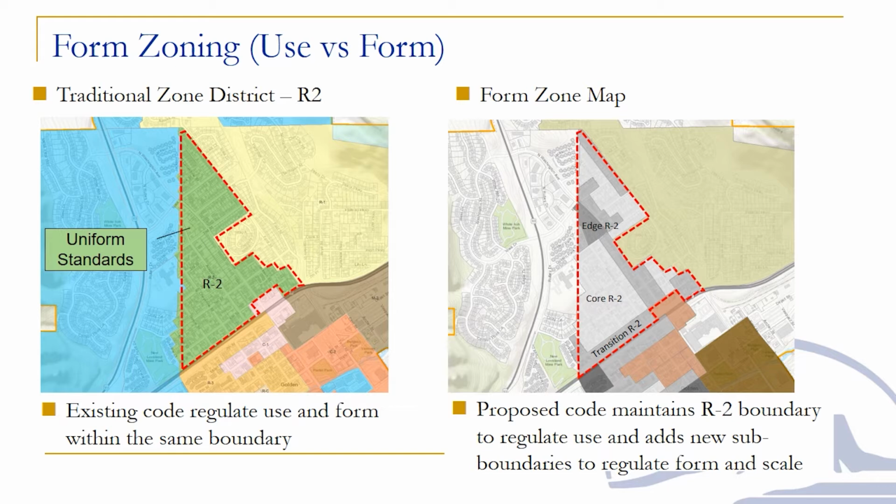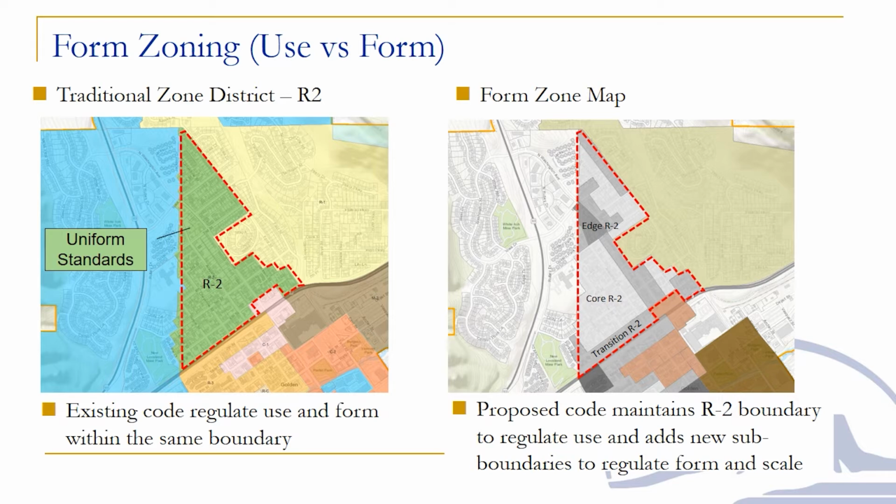But the representation here with this uniform standard call out is helpful and informative because when it comes to the actual scale of a multifamily development and how it can be built across the R2 neighborhood, the current code offers a one-size-fits-all list of regulations that affect things like setbacks, building height, lot coverages, and other things.